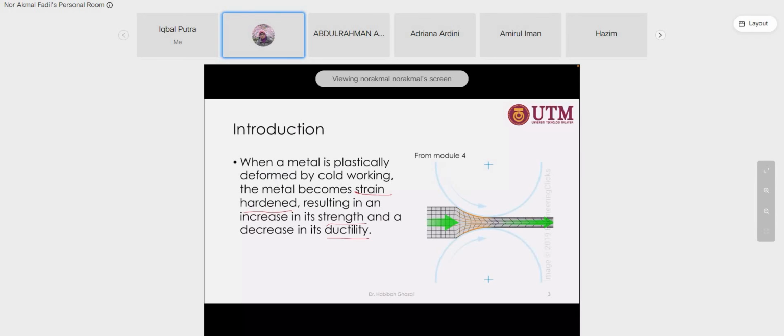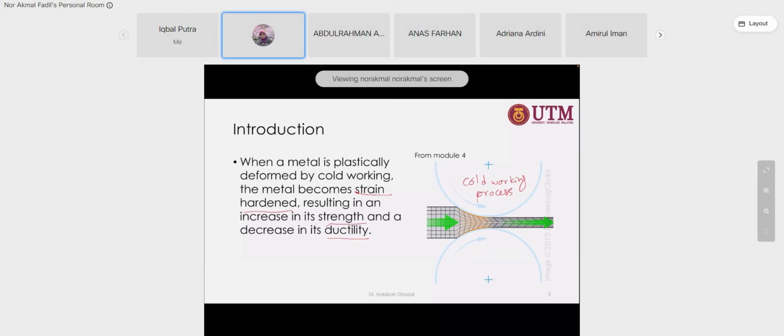Okay, so this is a typical schematic diagram, displays the microstructure changes after the plastic deformation, or we call the process a cold working process. Okay, there are several processes, but one of them is rolling.